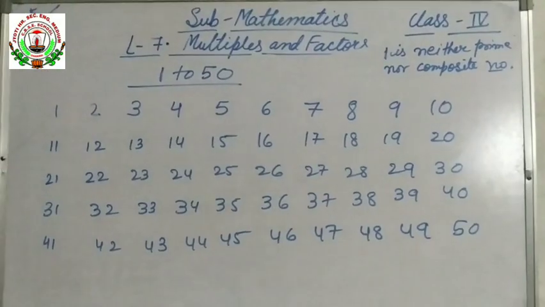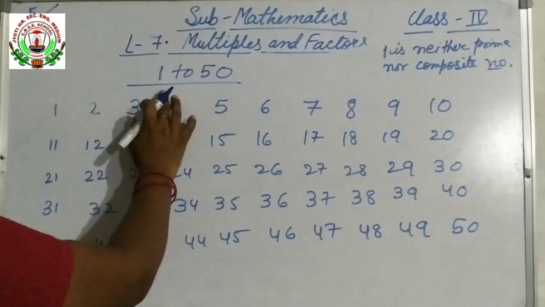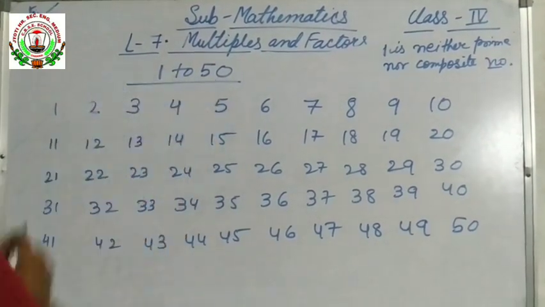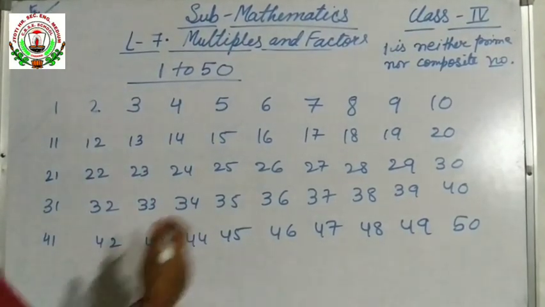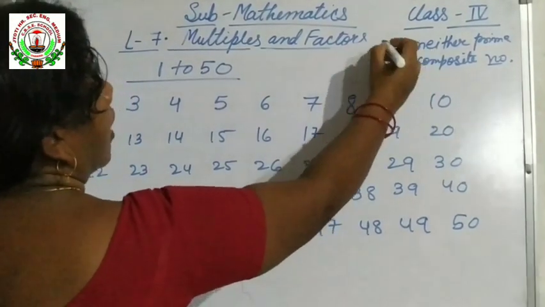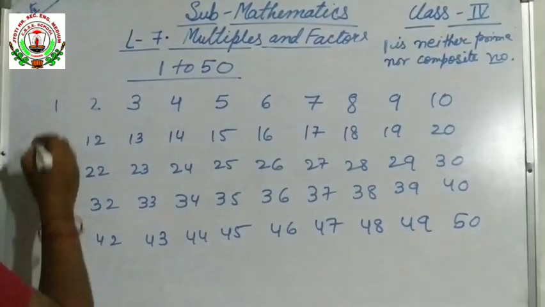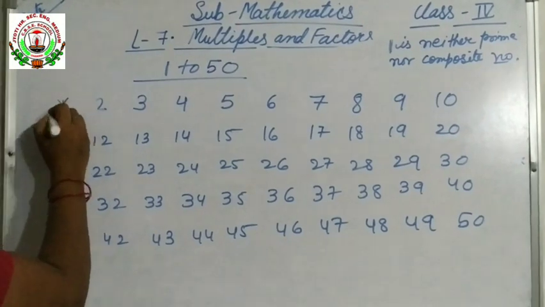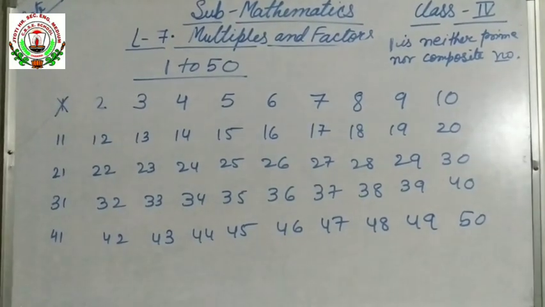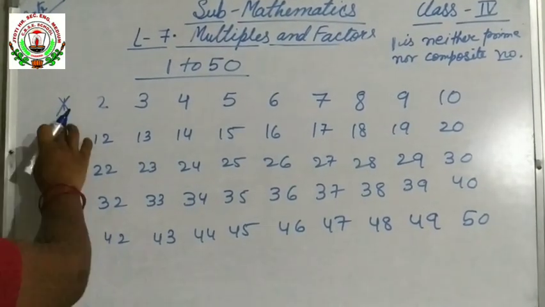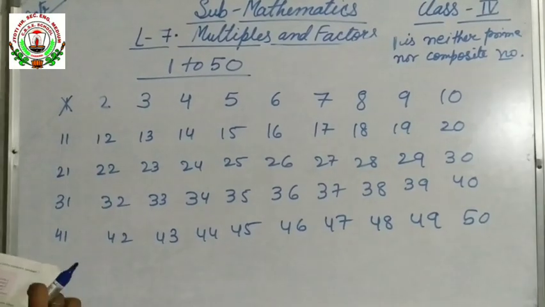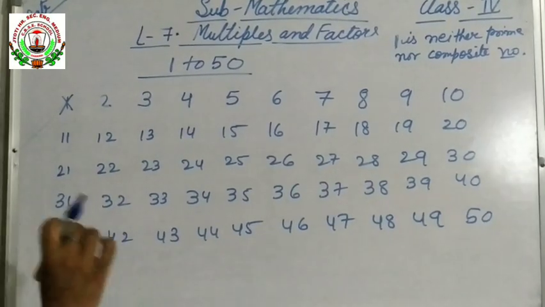Let us find the prime and composite numbers between 1 and 50. Children, one thing you should know: 1 is neither prime nor composite. So first we cross out 1. Now cross out all the multiples of 2 except 2.